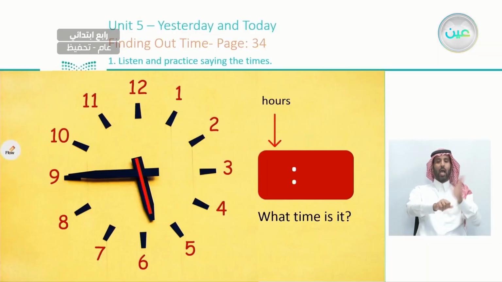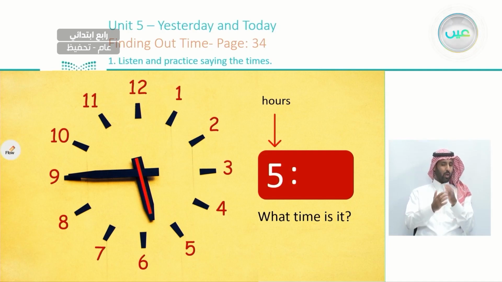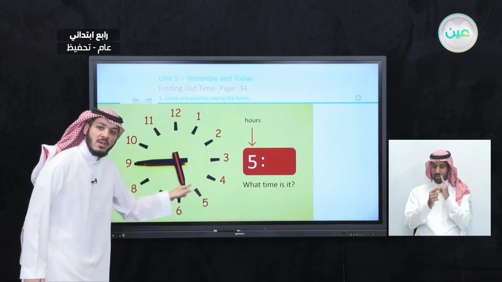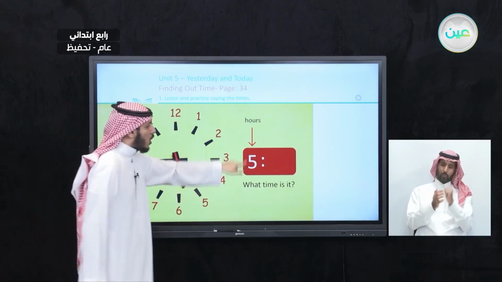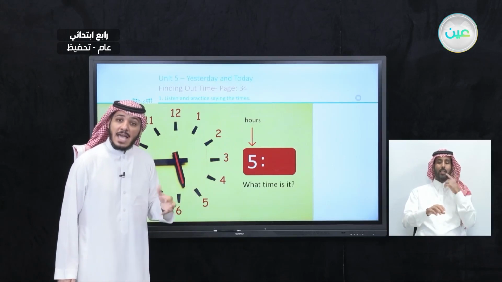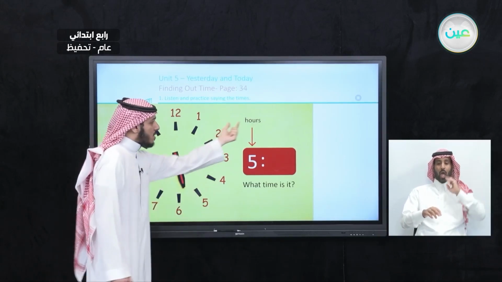Okay, so this is number 5. Here it doesn't reach number 6. Before number 6, it's still in number 5. So this is 5, for hours. What does hours mean? ساعات. Excellent. So we have hours here.